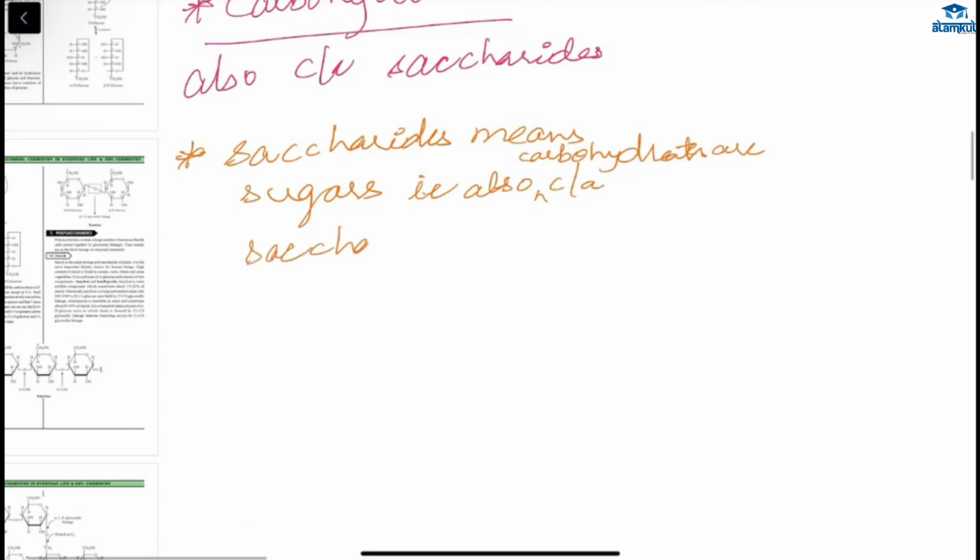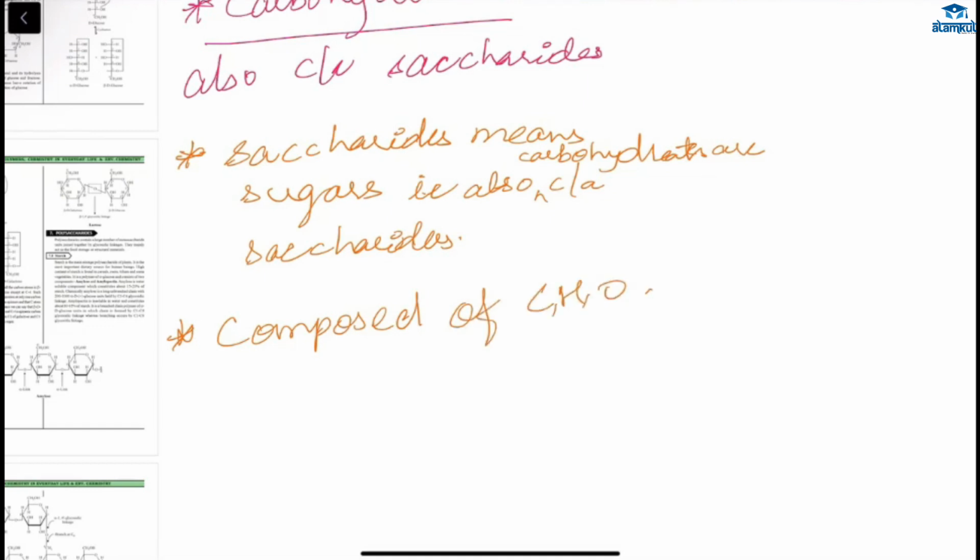So this is one point about carbohydrates. Then they are composed of carbon, hydrogen, and oxygen. This is the rough definition that people normally give. This is all about carbohydrates.